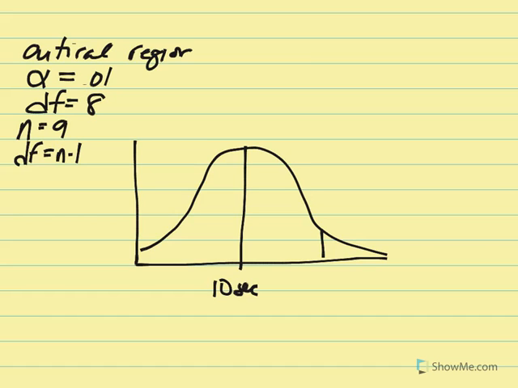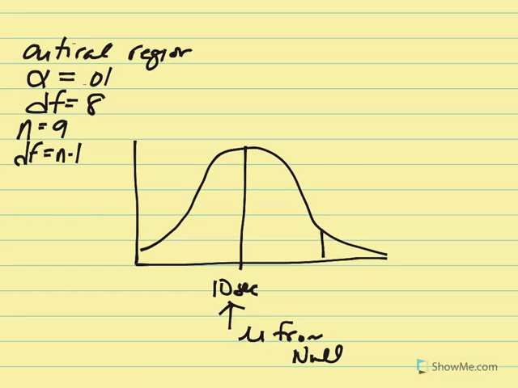So we only need one critical t-value, and it will be to the right of the center because we anticipate an increased amount of time spent on the attractive face as opposed to the unattractive face. Or I should say in comparison to what we would expect the average to be if there's no preference. Again, this represents mu from the null hypothesis, no difference, equal amount of time on both faces.